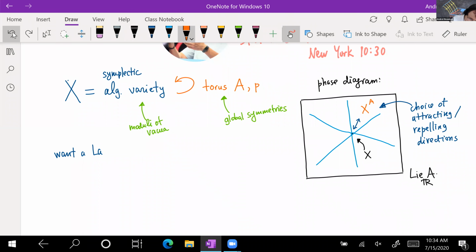And this is logical: if I have a family of trajectories, and one of them all of a sudden ends on this fixed point, then I should allow a trajectory emanating from that fixed point. Does that make sense?